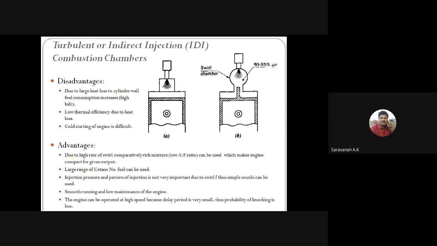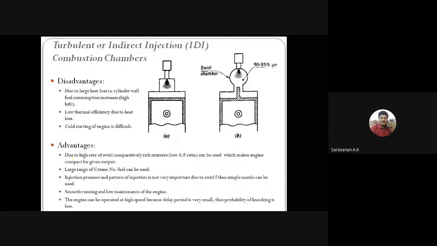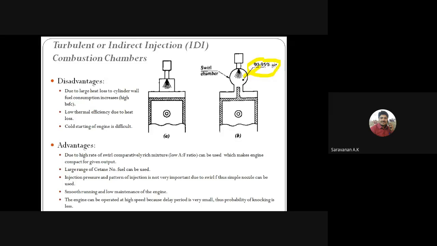Here the difference is that in the pre-combustion chamber only 20 to 25 percent of the total air enters while in the combustion chamber, whereas here 80 to 90 percent of the total air is circulated in the pre-chamber. You can see in this diagram that the percentage of air is nearly 80 to 90, or here I can mention 90 to 95, so the total air is circulated in the pre-chamber.